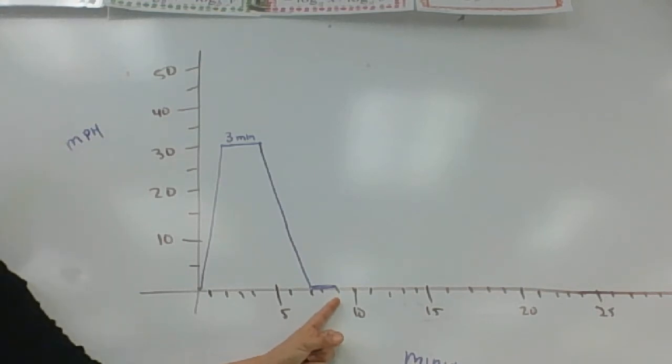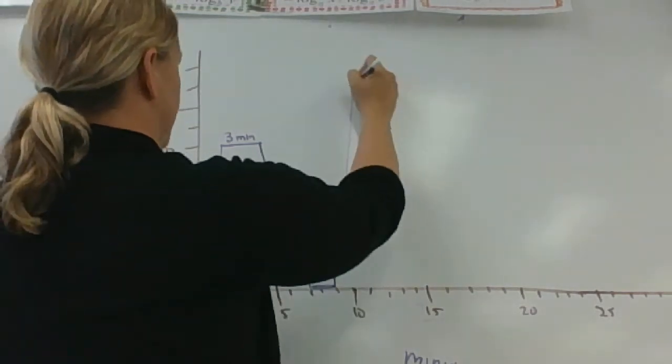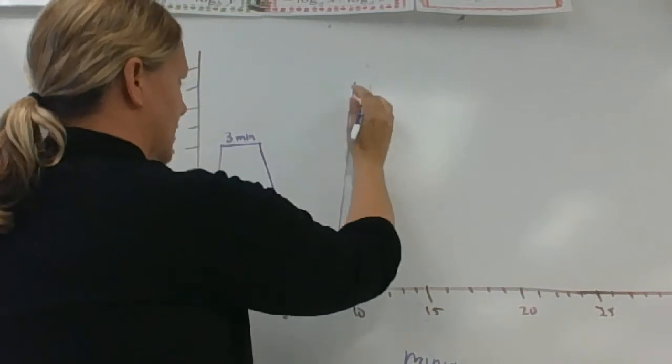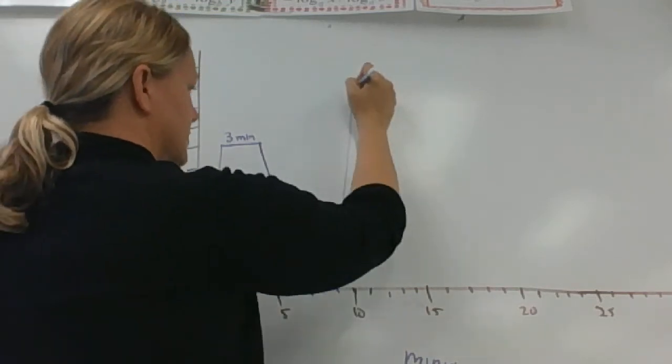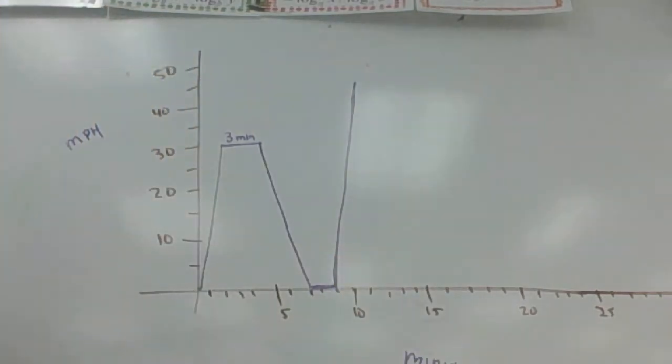Now I'm going to jump up to 45 miles per hour. It doesn't say how, and that's what makes people uncomfortable with this. There really isn't enough detail to help us out.